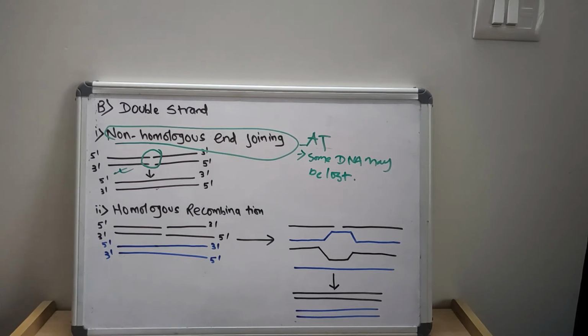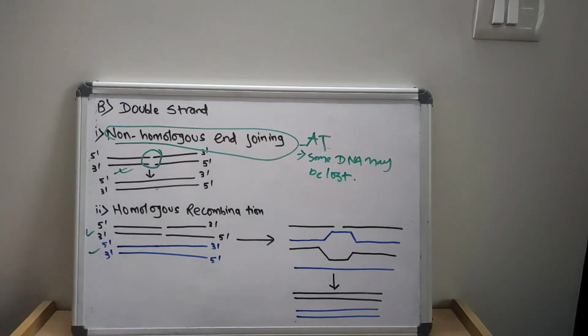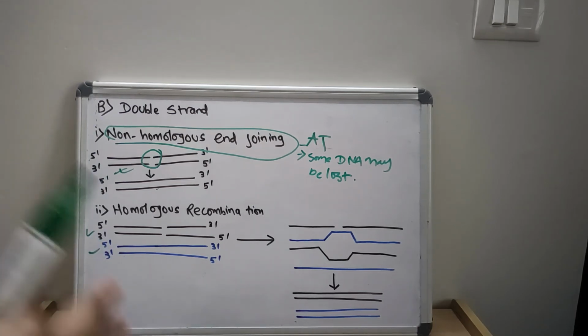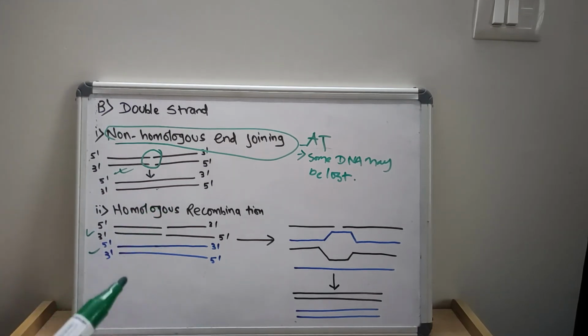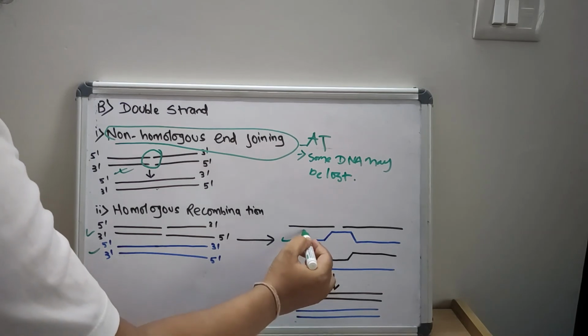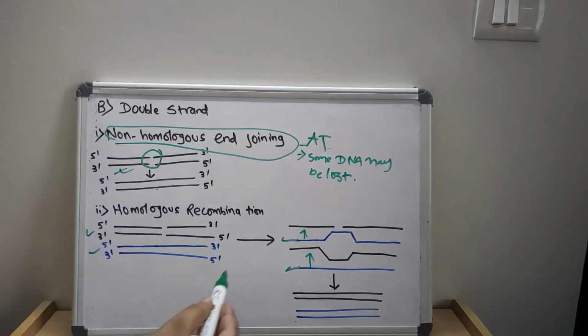In homologous recombination, two homologous DNA duplexes are required. A strand from the damaged double-stranded DNA is repaired using the complementary strand from the intact homologous DNA as the template. The intact DNA is used as the template, and the repair is done.